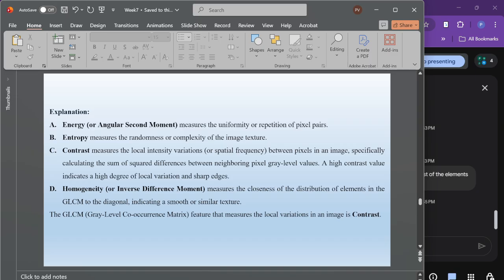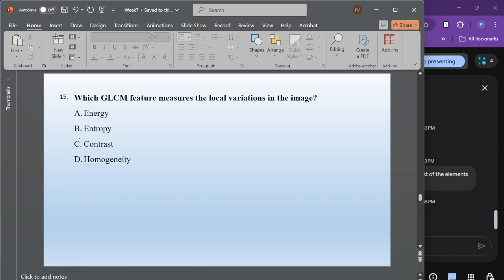High contrast values indicate a high degree of local variation and sharp edges. Option D is homogeneity, or inverse difference moment. It measures the closeness of the distribution of elements in the GLCM to the diagonal and indicates a smooth or similar texture. So the GLCM feature that measures the local variation in an image is contrast. So option C is the correct answer for this question.